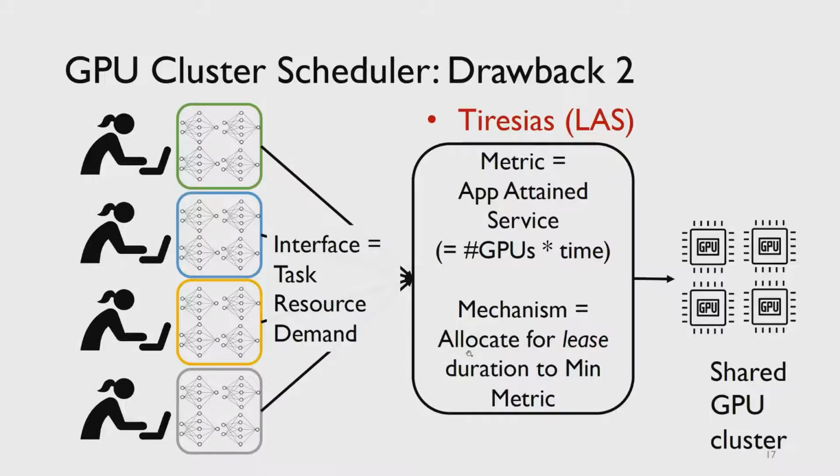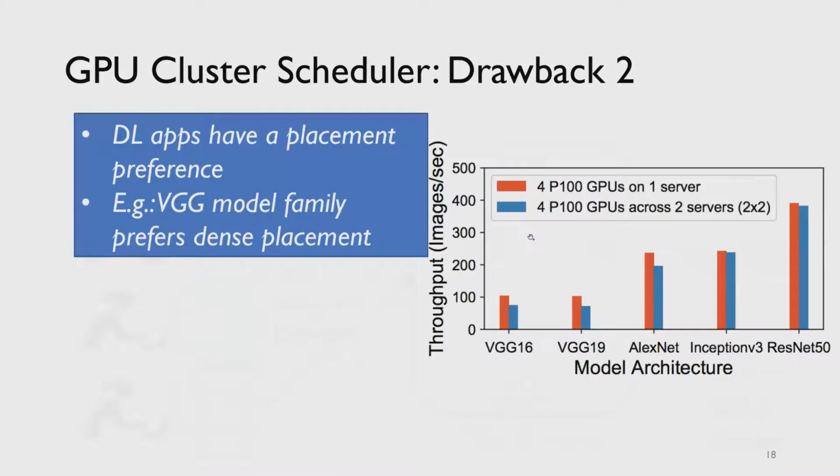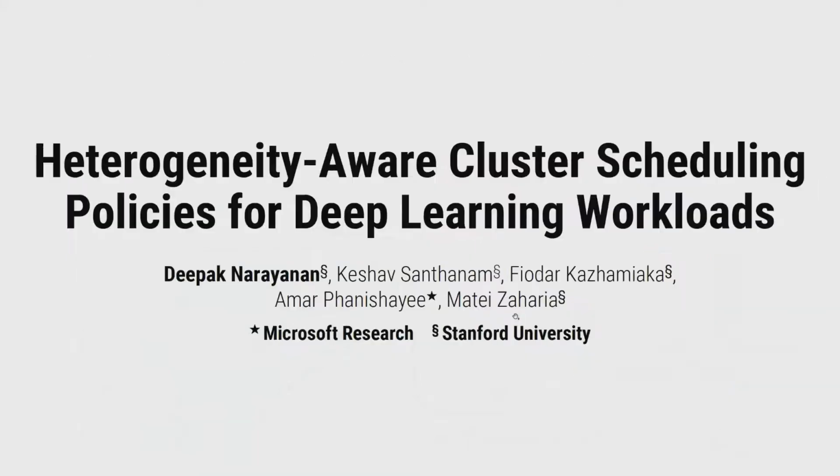It allocates for the least duration to minimize this attained service, but the placement preference is really bad. Basically the same argument: the VGG model prefers dense placement because they exchange the parameters in a large volume.